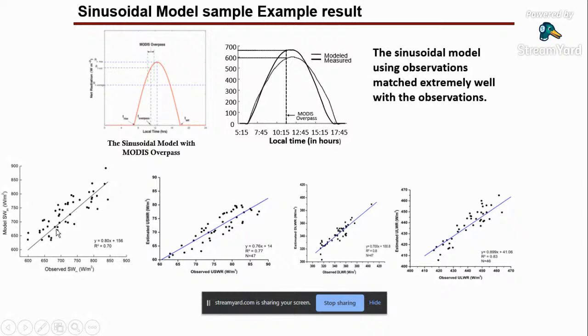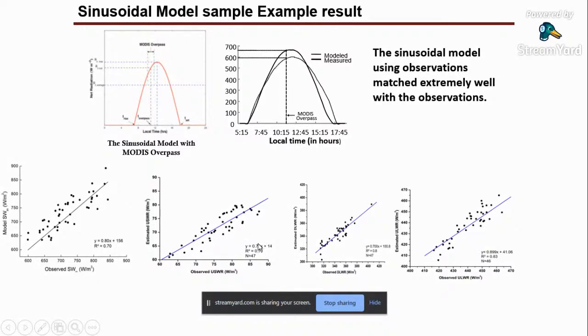Then we compared this estimated net surface radiation, and the individual components of shortwave in, shortwave out, longwave in and longwave out, with the flux tower as shown earlier, and we got very good results as shown here. R square is within the acceptable limit as discussed in the literature.